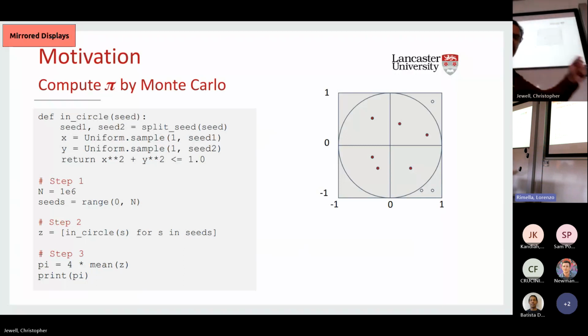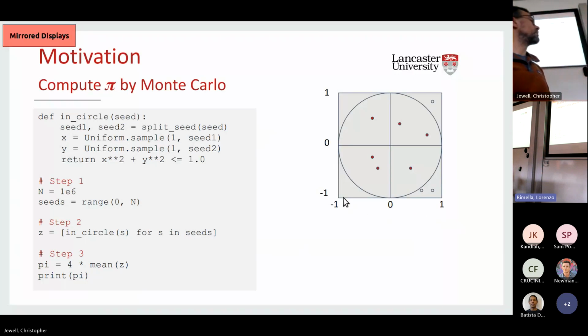Right. Okay. So here's my motivating example. Suppose we're a first or second year maths stats student, and we've been tasked with working out a method to compute pi. This is the canonical parallel example. One way we could do this is via a Monte Carlo sampling exercise.